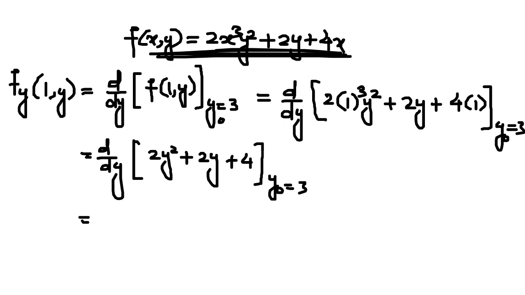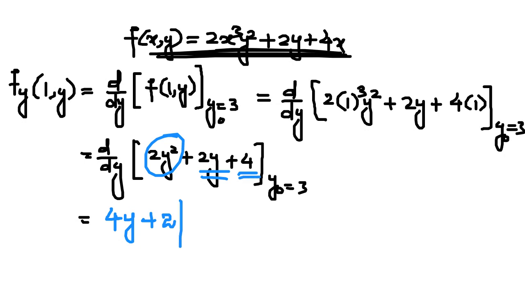What is the derivative of 2y square with respect to y? That becomes 4y. What is the derivative of 2y? That is 2. What is the derivative of 4? 0.